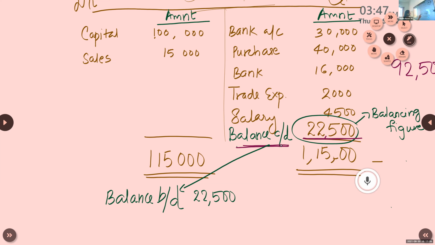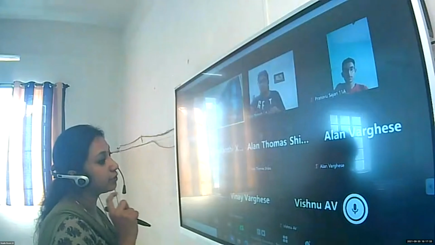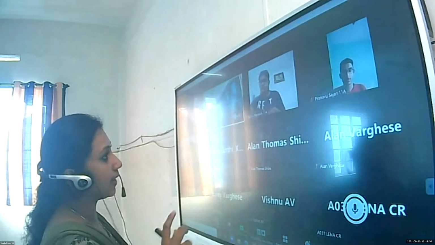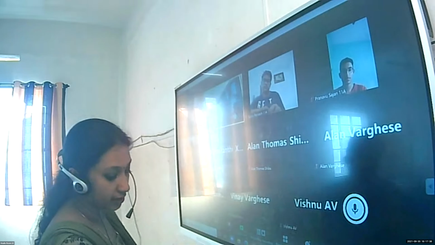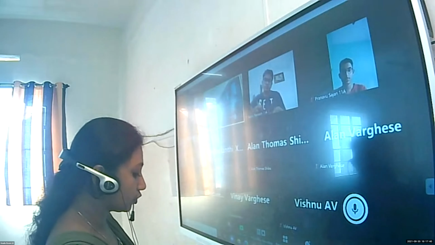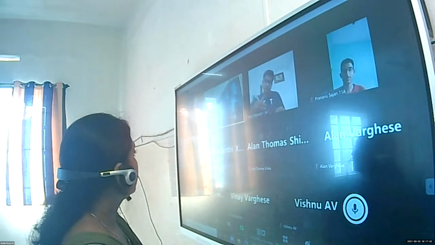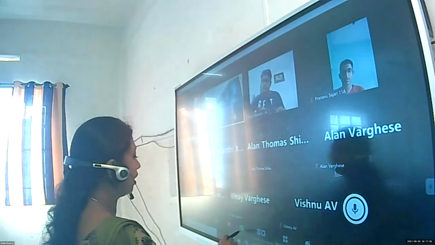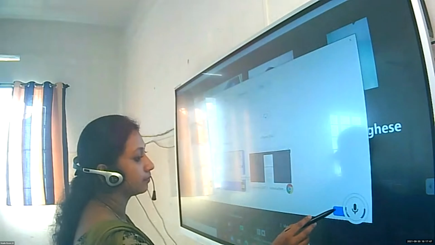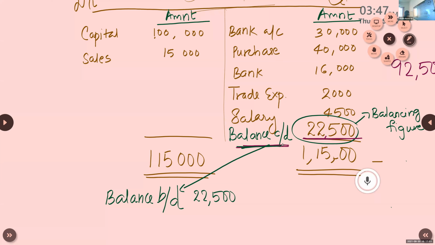This balancing figure, we mention it either as a debit balance or a credit balance. That is how we mention it. So my question is, this particular balance, how do you call it? Which side is more?